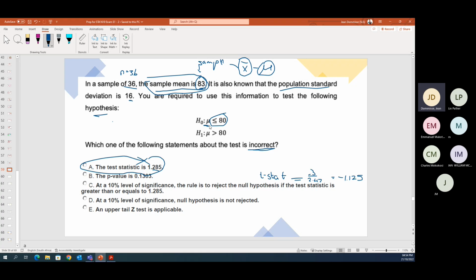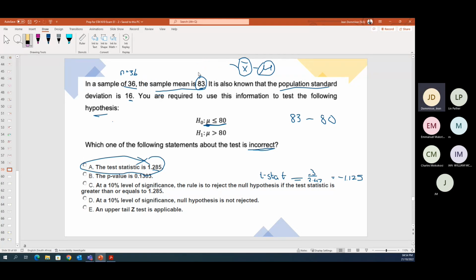There they tell you what your mean is that you're working with, and that is 80. So you are 100% correct. It is this way around. I was so fixated, and I should have just gone back to first principle.